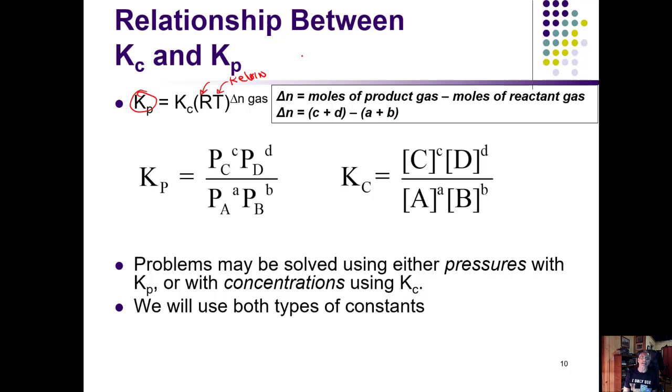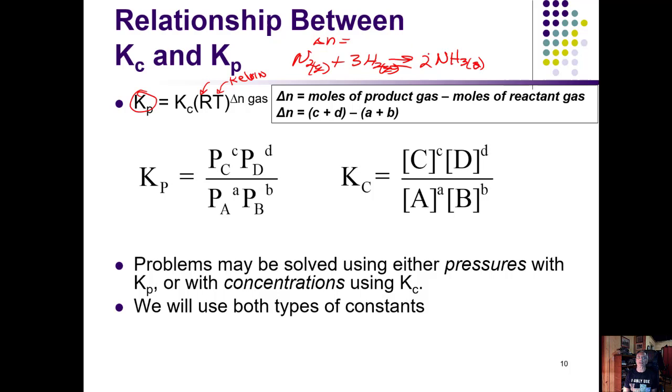So if I had N2 plus 3H2, and that is an equilibrium reaction making 2NH3, and this is a gas phase reaction, and I want to figure out what delta N is.